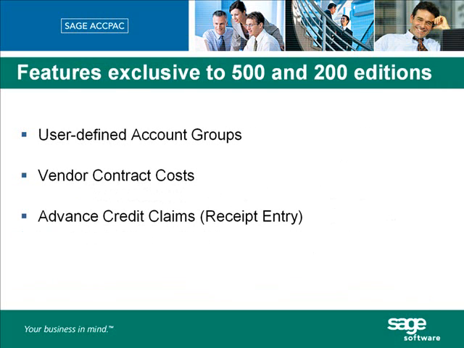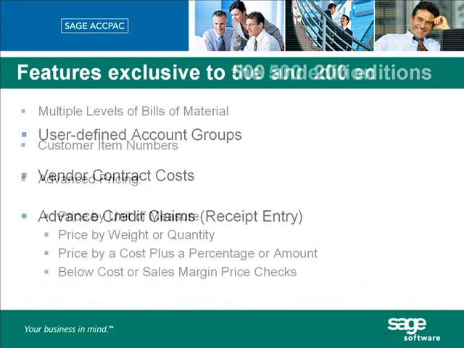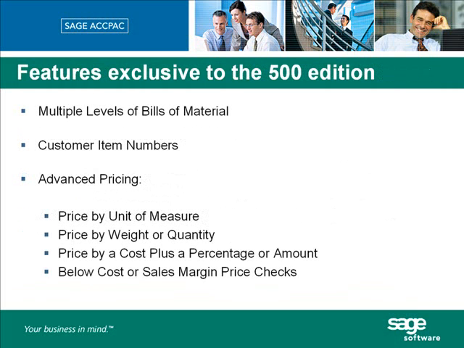Features such as user-defined account groups, vendor contract costs, and advanced credit claims in receipt entry are only available in the 500 and the 200 editions. The new inventory control features like multiple levels of bills of material, customer item numbers, and advanced pricing features are only available in the 500 edition.